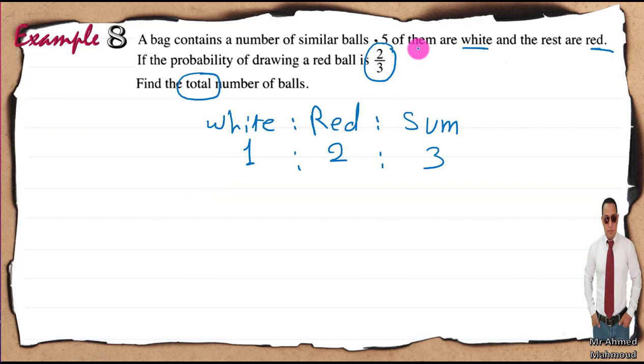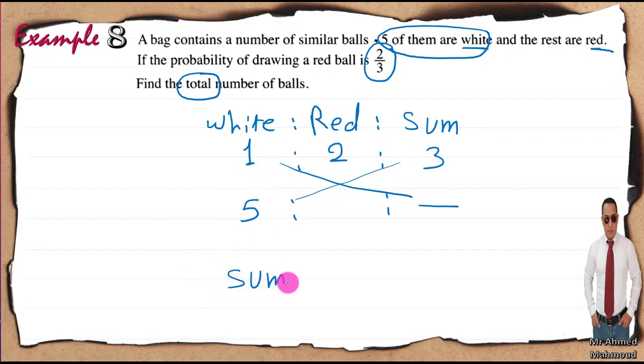The number of white balls is 5, so I write 5 under the 1 under the white. Now I need the sum, so I make a cross multiplication: 3 times 5 over 1. So the sum equals 15 balls.